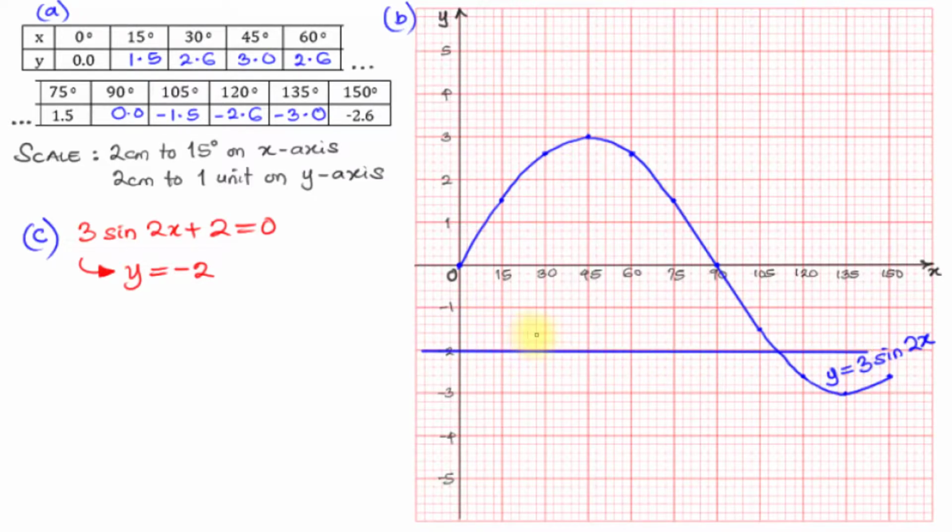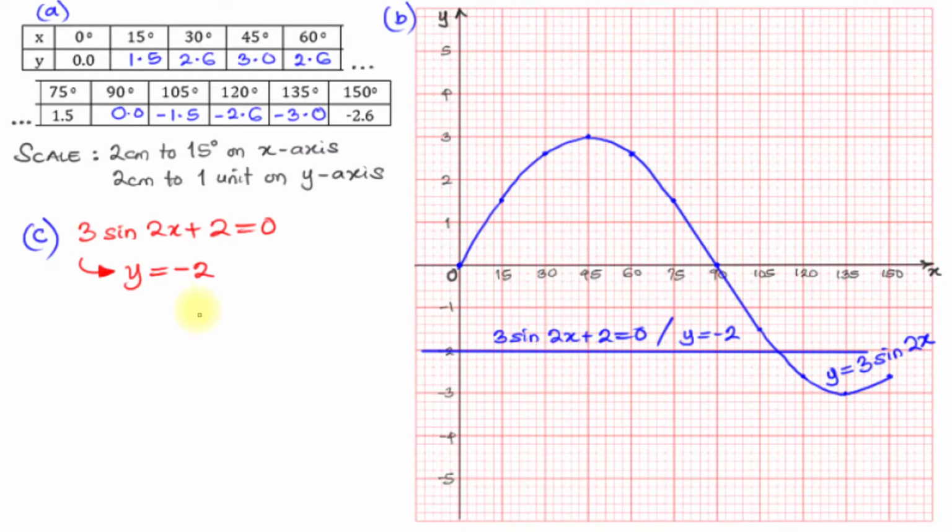So we can also correctly label this to be 3 sine 2x plus 2 is equal to 0, or you can say y is equal to minus 2. Okay, any one of the two will be suitable for you to define that.